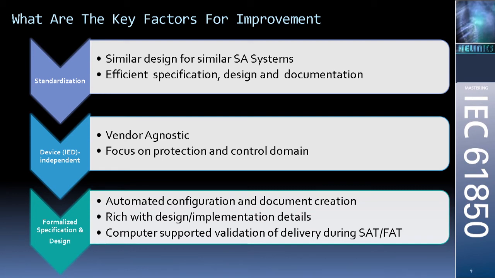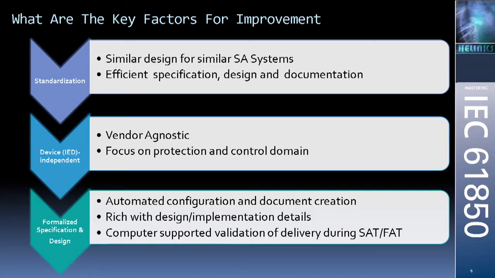When we want to standardize, we need to be able to efficiently specify, design and document these uniform systems. Once the system is specified, we would like to have this specification more or less independent of the different vendors. So in a frame agreement, maybe a utility is focusing on certain vendors and certain relays, which then last for 5 or 10 years.